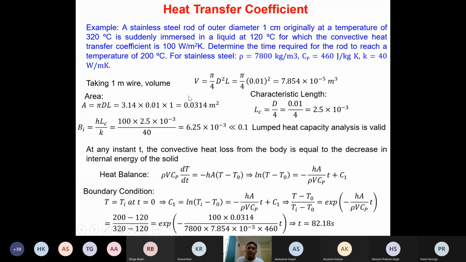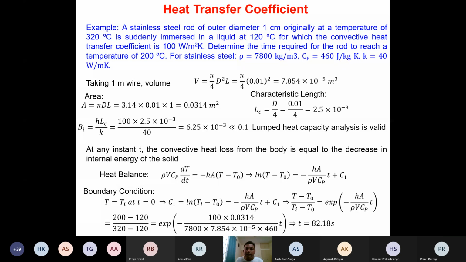We have to find out the time when the temperature reaches 200. So T is 200, and T naught is 120. So 200 minus 120, divided by Ti minus T naught, where Ti, the initial temperature, was 320. So 320 minus 120, and that equals the exponential of this entire bracket, where h, the heat transfer coefficient, is known.